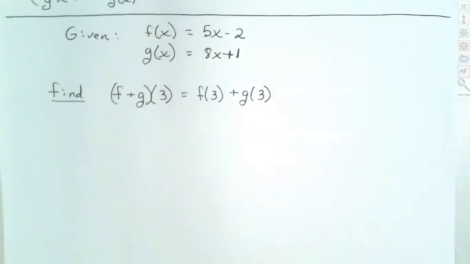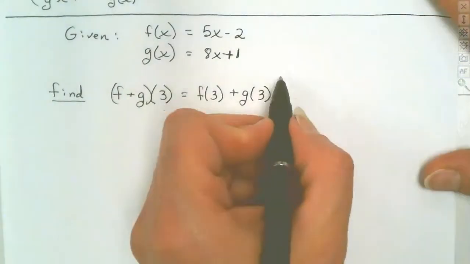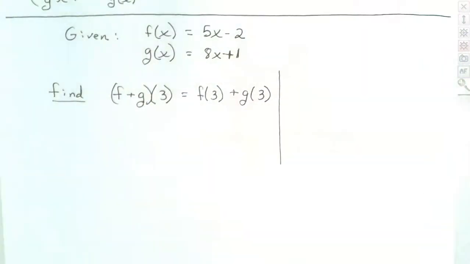So we write it out. Now, here's what we have to remember about these. If there's a number inside the parentheses, our answer is a number. If there's a variable inside the parentheses, our answer has a variable in it. So when we do this one, that 3 is inside the parentheses, so we're going to get numbered answers for both of them.